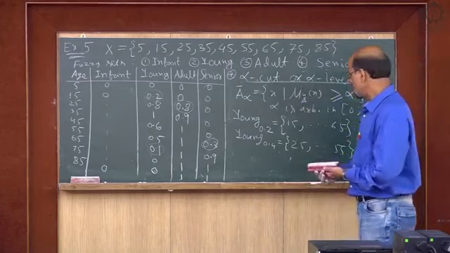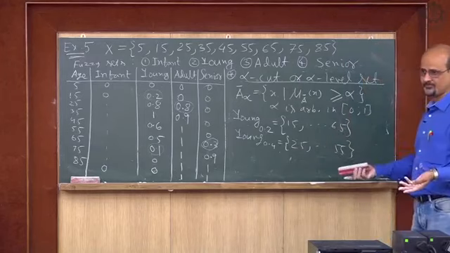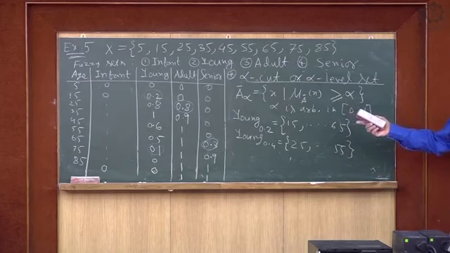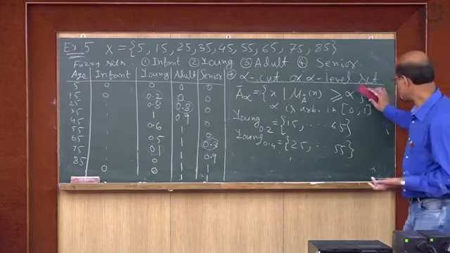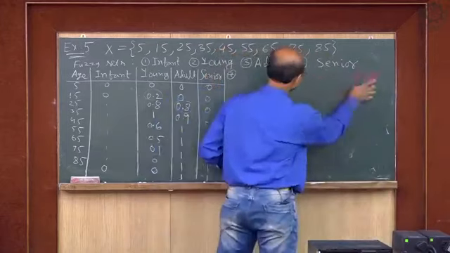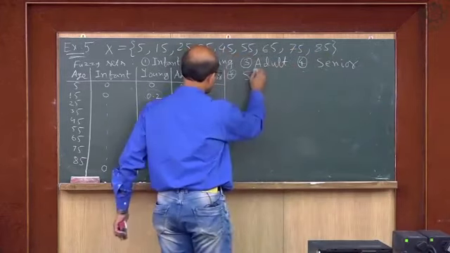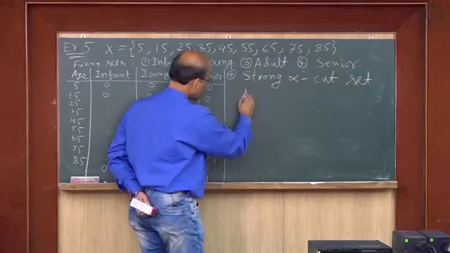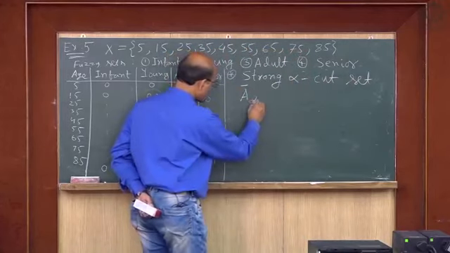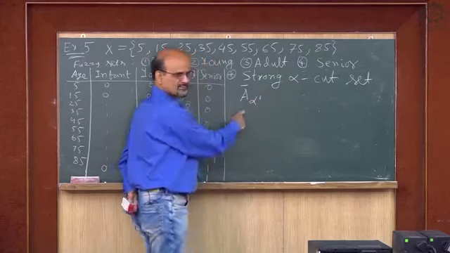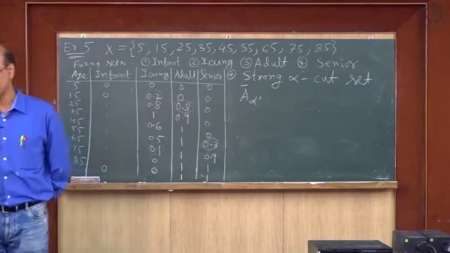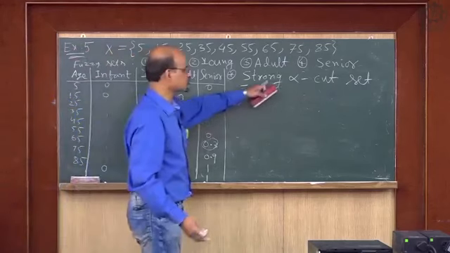Similarly, we can have a strong alpha cut, and you can imagine the definition will then be greater than alpha. Let us write that. The definition will be A bar, and I will now define strong alpha as alpha dash, just notation to distinguish alpha as alpha cut and alpha dash as strong alpha cut.